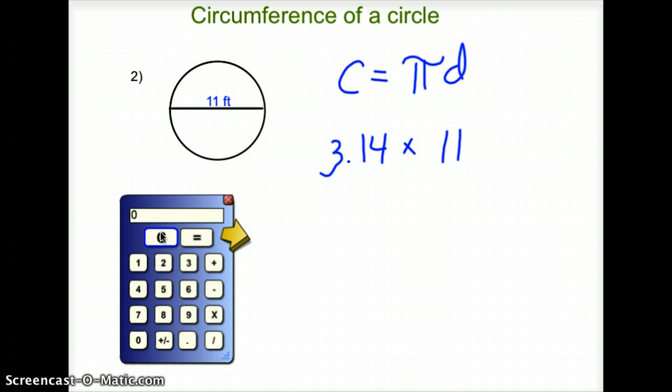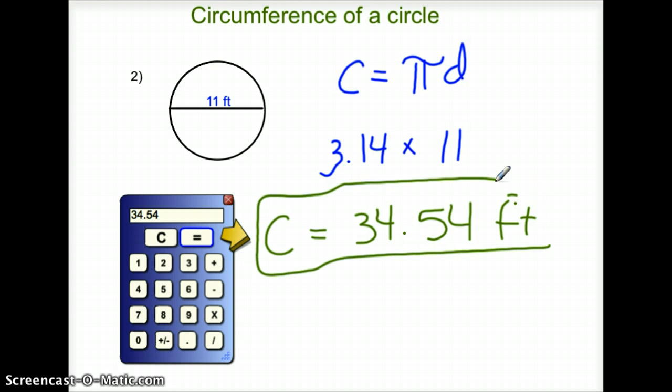Grab your calculators. I get 34.54. That is what my circumference equals. Make sure you go back and you label it. Feet. And that's my final answer.